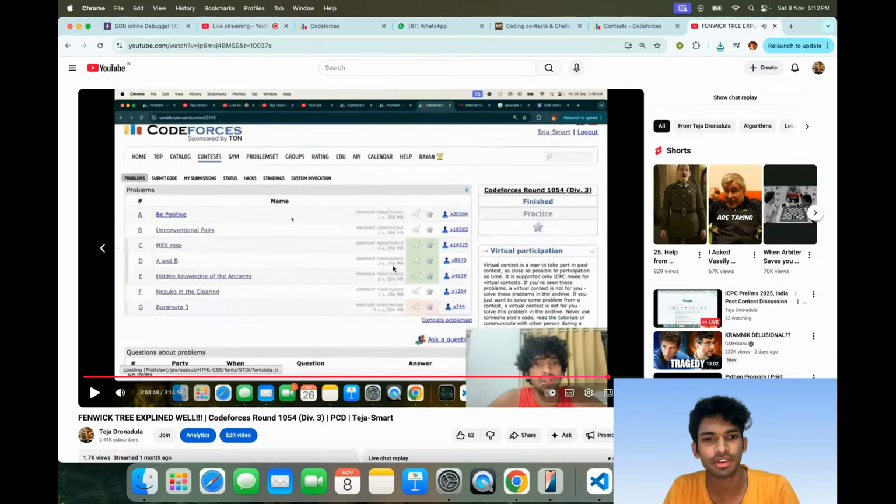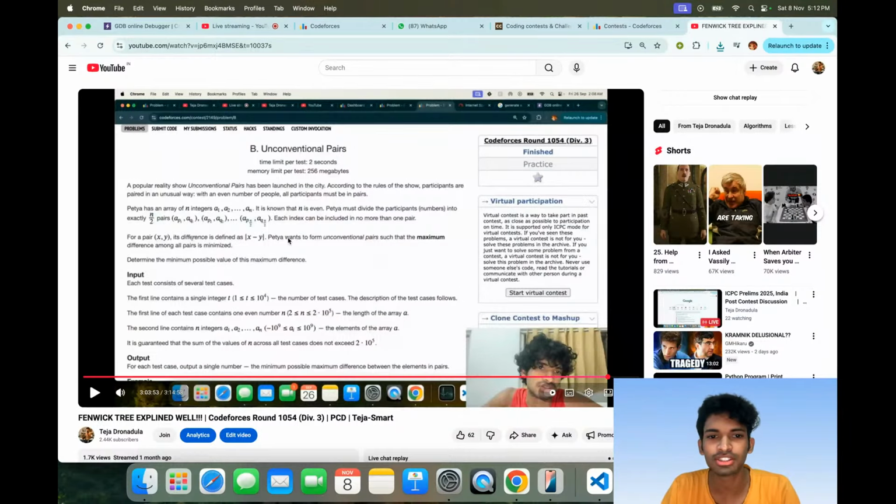So if you see B, they're telling you to pair such that the maximum difference among the pairing is minimized. You see how similar this problem is to that problem.